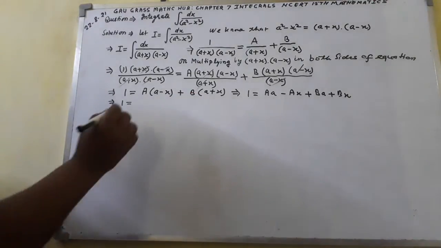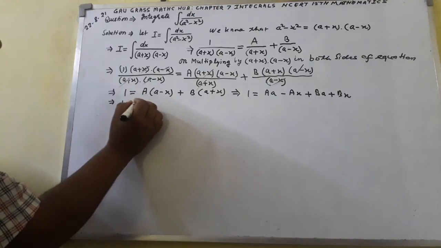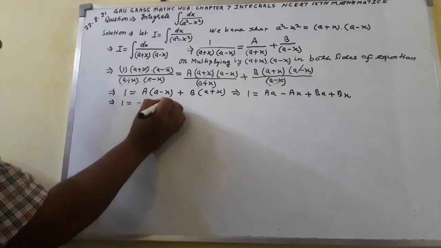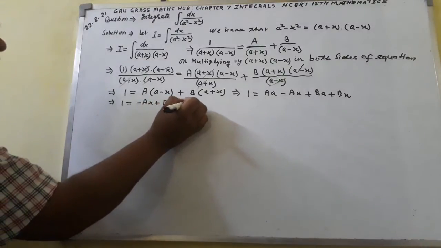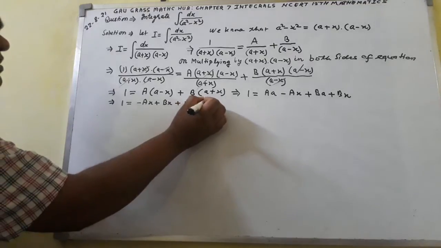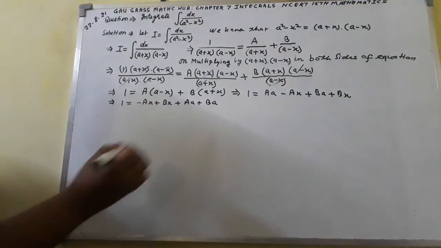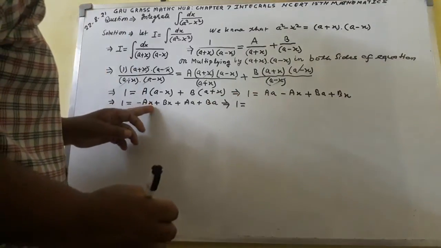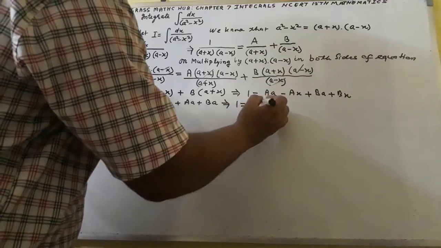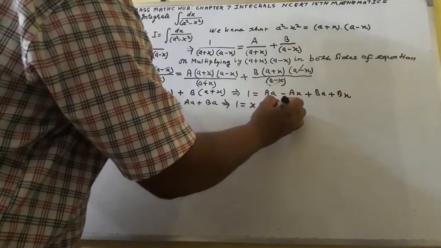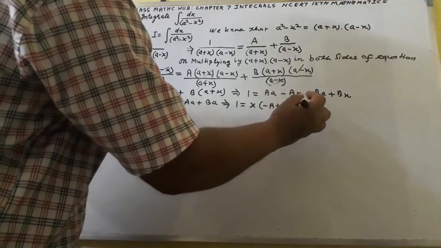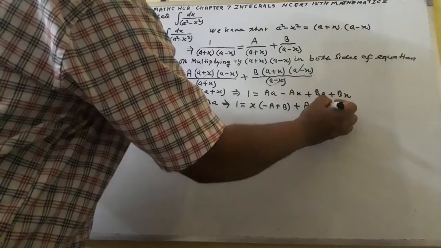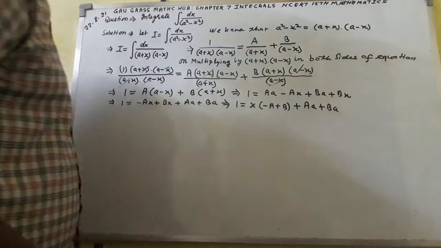This will just group the things here: minus Ax plus Bx plus Aa plus Ba. This one. And now what we'll do here? Here I shall write, implies that, 1 equal to. Now here take x as common. So we will get here minus A plus B, x. Again I shall write Aa plus Ba. This one we will get.